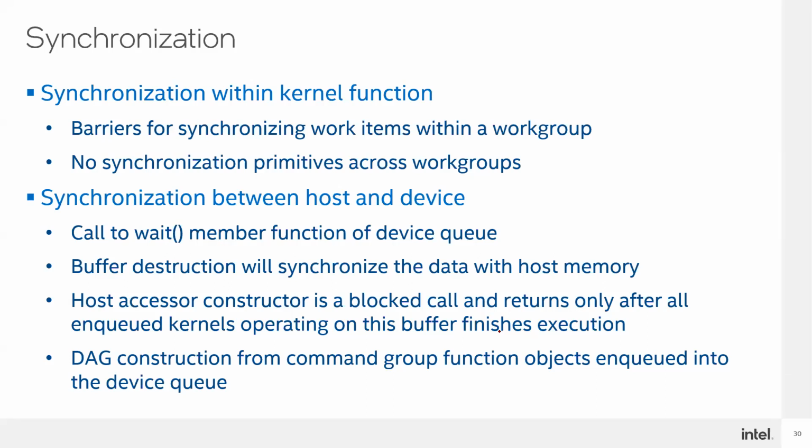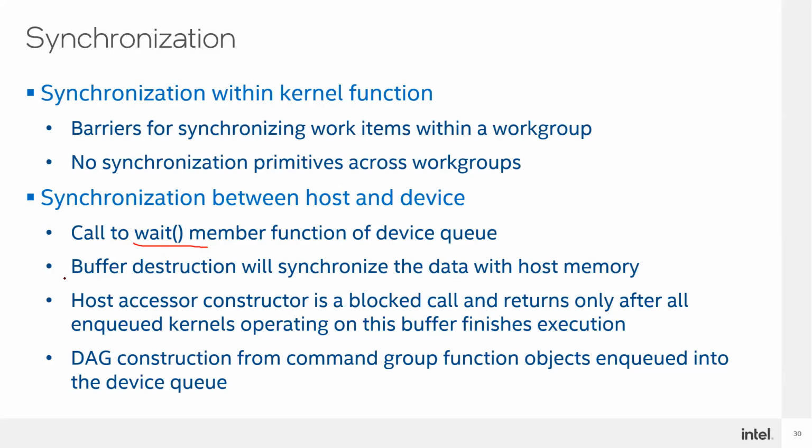So we have only knobs and options to control this, right? In order to synchronize the host and device communication and the process of data copy back and forth, we can call a wait member function on the device queue. In that case, we block the execution and wait until all the kernels, all the command groups submitted to a queue are finished.